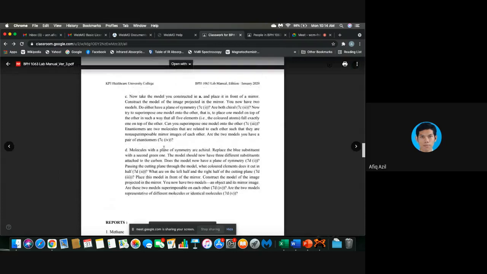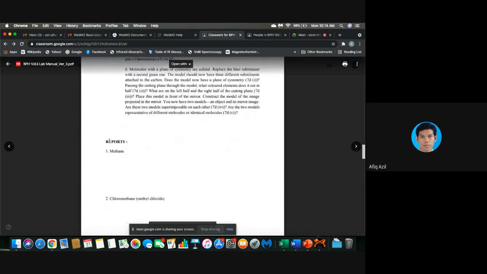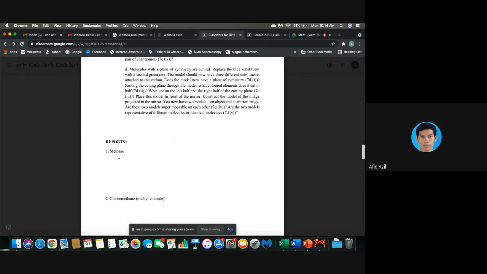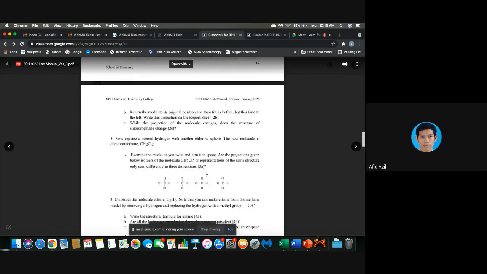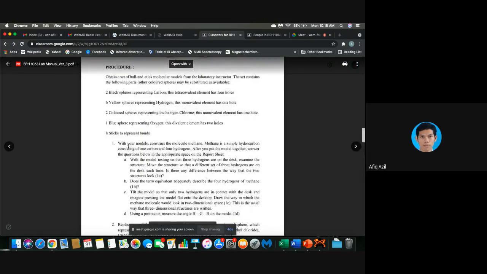You have to draw something. So just for this experiment, write the title, objective, and go straight to the results, which is number 1, methane. Draw the structure of methane and answer all of these questions.